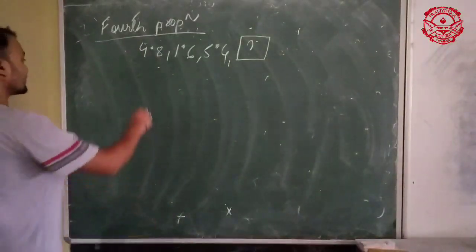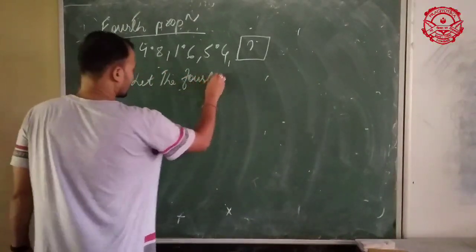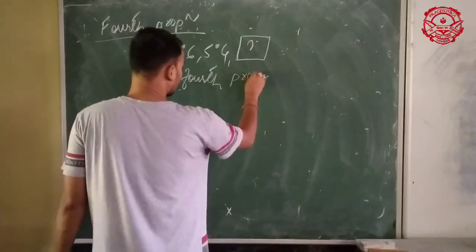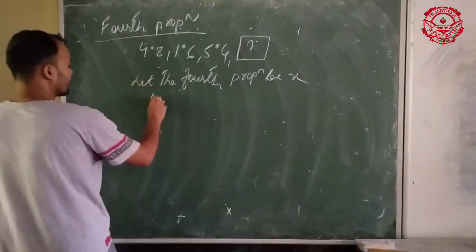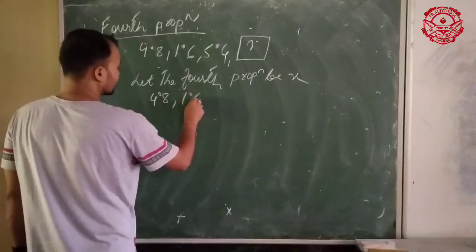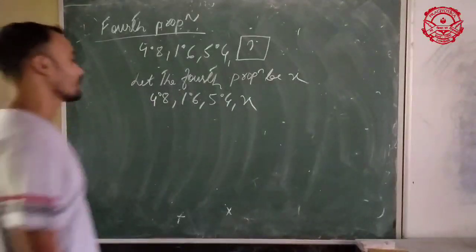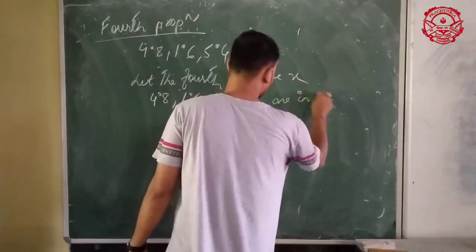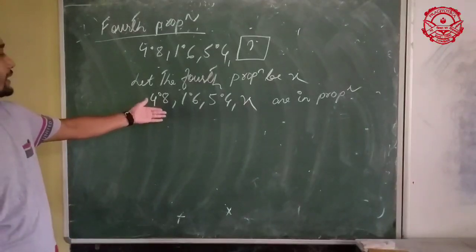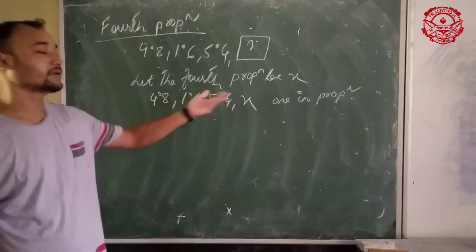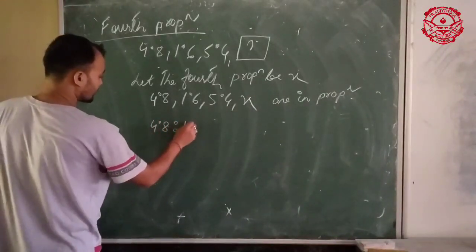Let the fourth proportion be x. Now, since 4.8, 1.6, 5.4 and x are in proportion, this means 4.8 is to 1.6 is equal to 5.4 is to x.